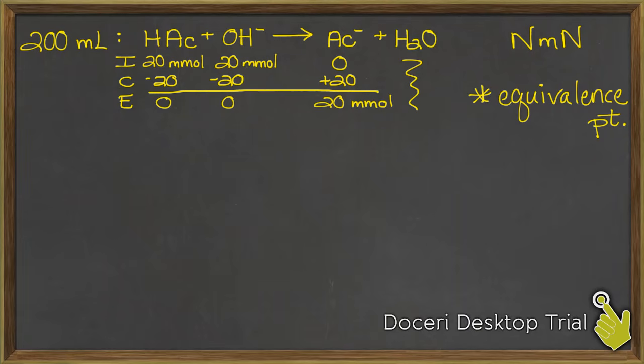Well, let's think about what I have left over. I have AC minus, which is a base. It's a weak base, and water. That's it. Those are my major species at this point. So how do you find the pH when you have just a weak base and water and that's it?